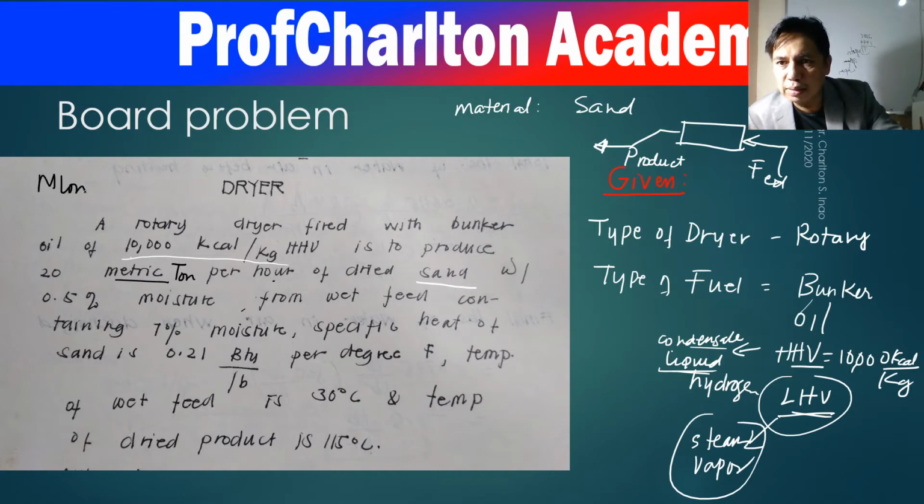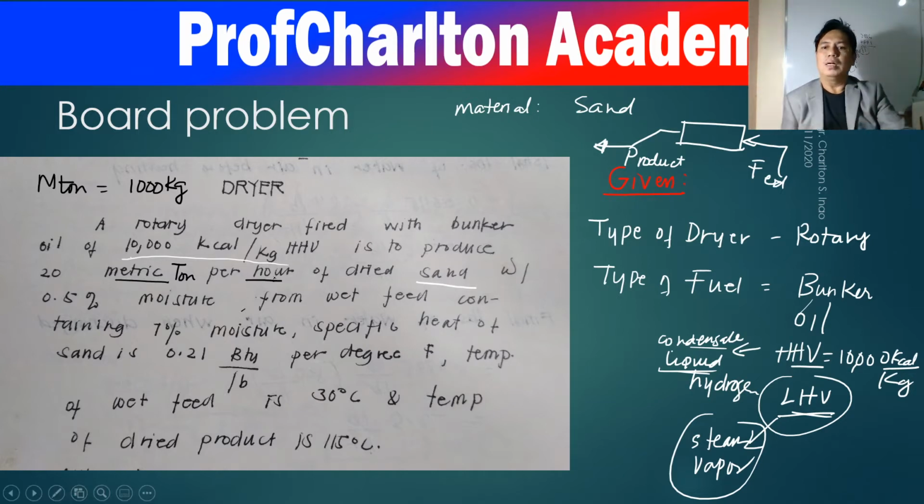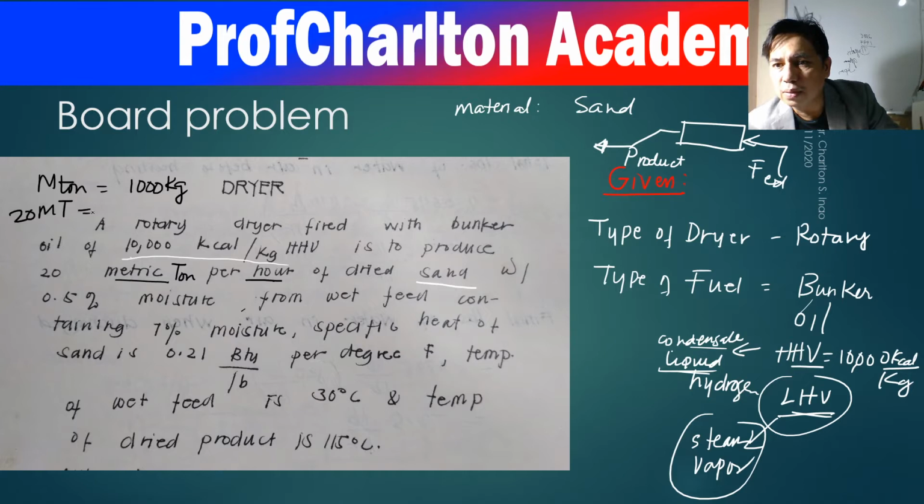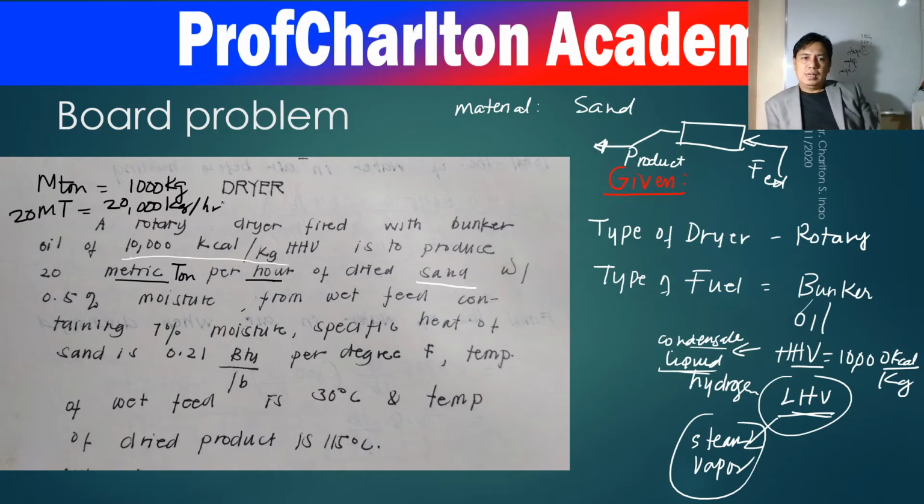So we know that a metric ton is 1,000 kilograms, so metric ton per hour. There's a number before that, 20, so 20 MT. If we have 20 metric ton, we have 20,000 kilograms per hour.